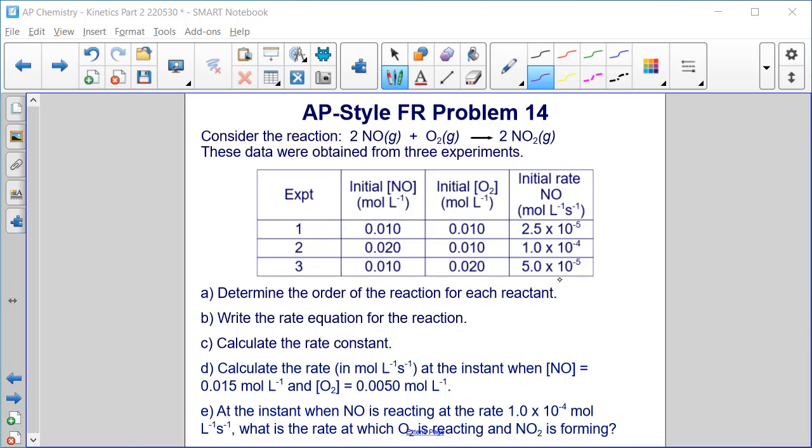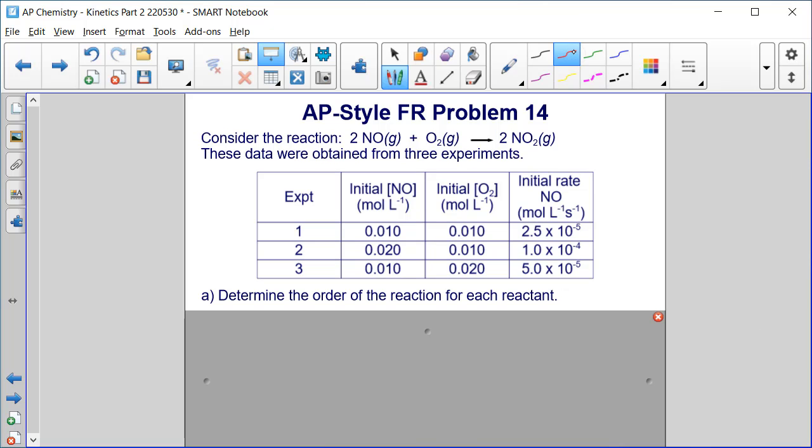And then E, at the instant when NO is reacting at the rate 1.0 times 10 to the minus 4 moles per liter per second, what is the rate at which O2 is reacting and NO2 is forming?